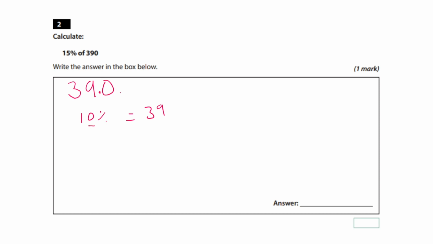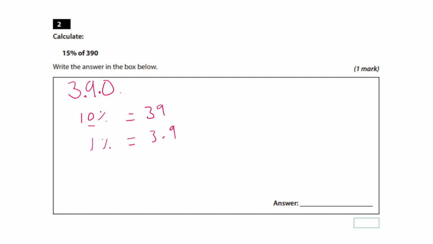Now, to get 1%, we're going to bounce it again to the left once more to here. So 1% equals 3.9.